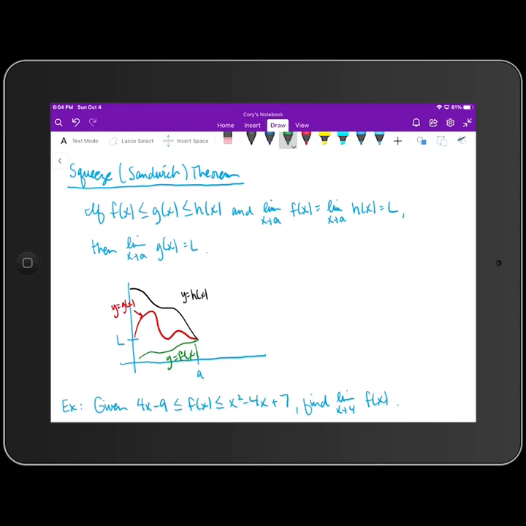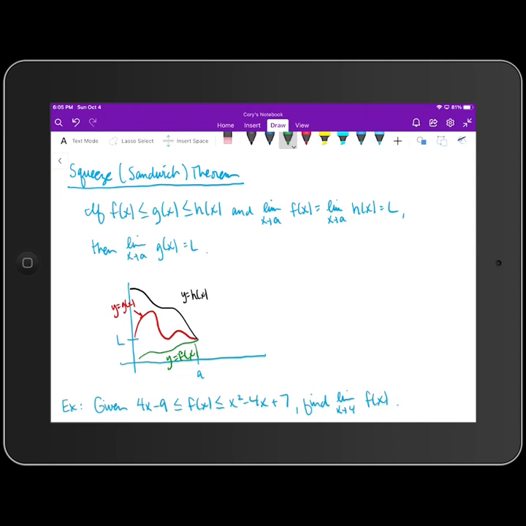Okay, so again, if f of x is less than or equal to g of x, which is less than or equal to h of x, and both the limit as x approaches a of f of x and the limit as x approaches a of h of x are equal to L, then the limit as x approaches a of g of x has to be equal to L as well.